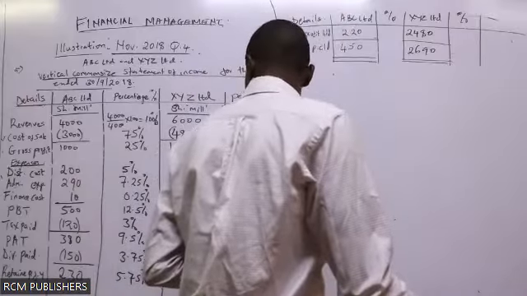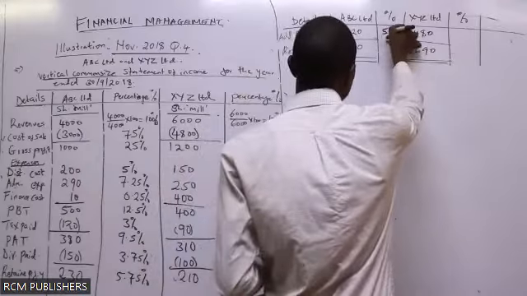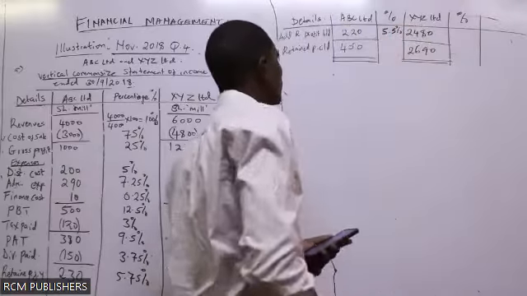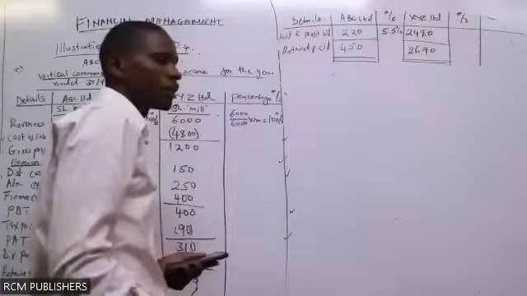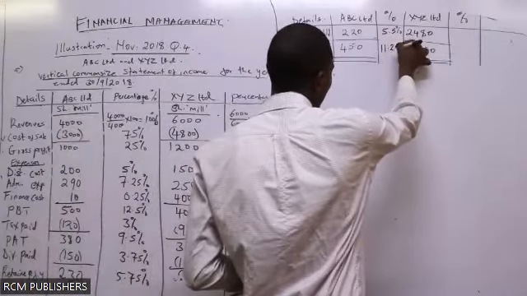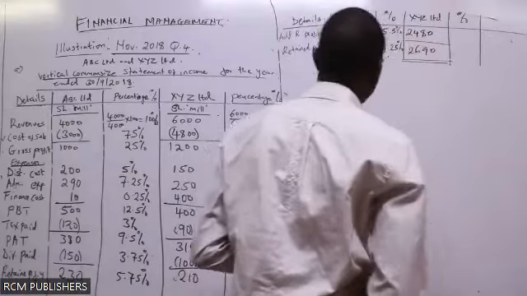Itakuwa juu ama chini? Itakuwa juu kidogo. 5.5%. Then we have the other one, retained profit carried down. Ni ngapi? 11.25. So the profit at the end was at that rate.